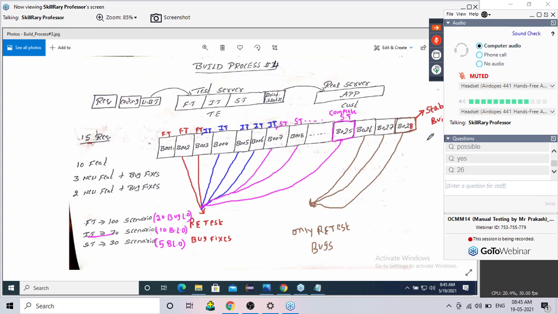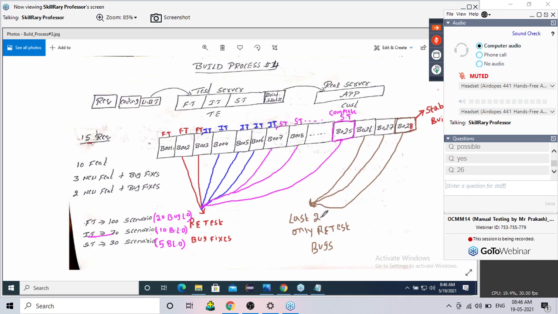That means what? In B28, I didn't find even a single bug. That means the build is stable. So guys, can I use one conclusion saying that generally any project you take, in the last few builds, it's a general trend, okay?